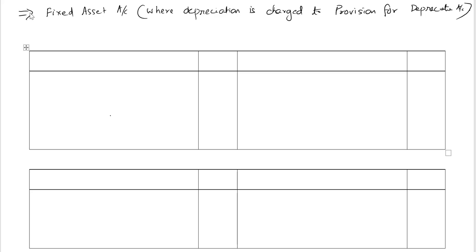Now in this method, we need to prepare two accounts. The first one is the fixed asset account. And the second one is the provision for depreciation account.